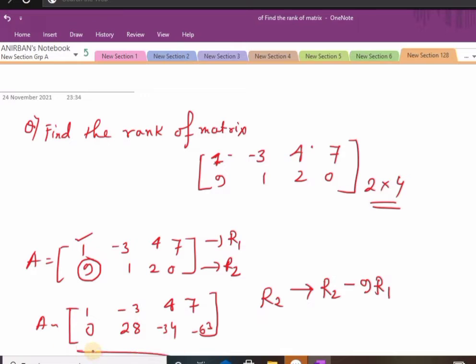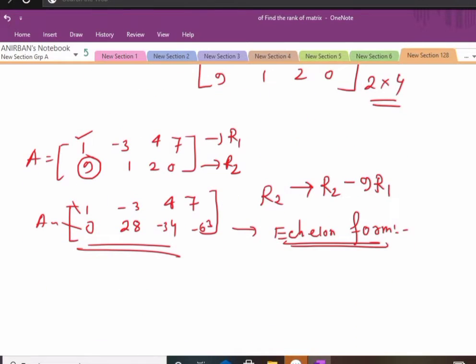Now you have this matrix, and you can say these are two non-zero rows, and this form of a matrix is known as echelon form. This is the pronunciation. So you have two non-zero rows, and you cannot find any minors of order 2 whose determinant is 0.